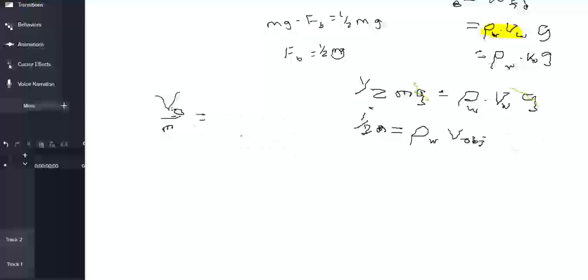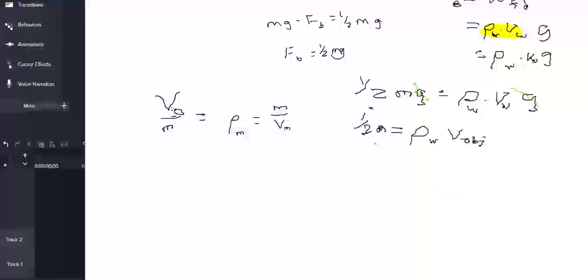So we know that the density of our material equals the mass of our material over the volume of the object that's just made up of our material, just the part that's made up of our material.